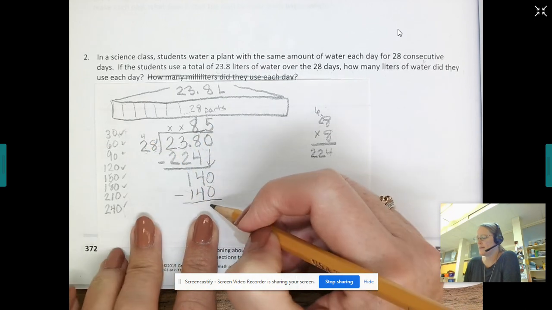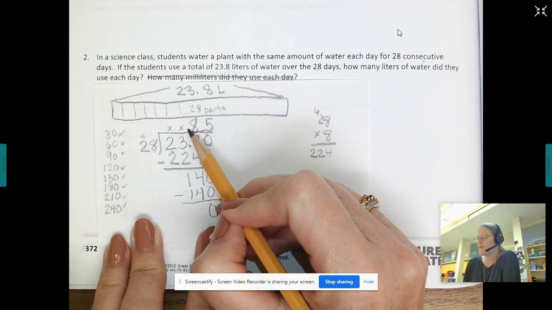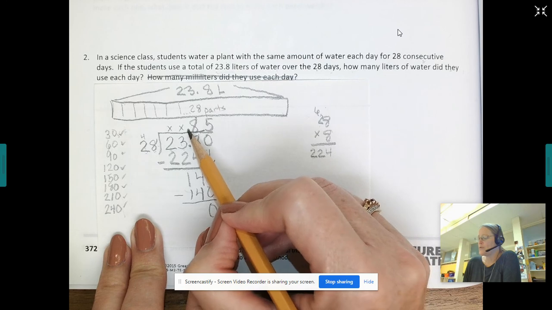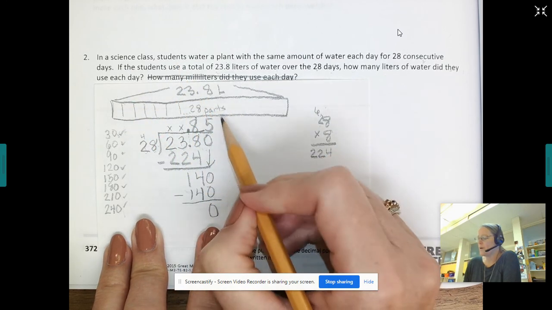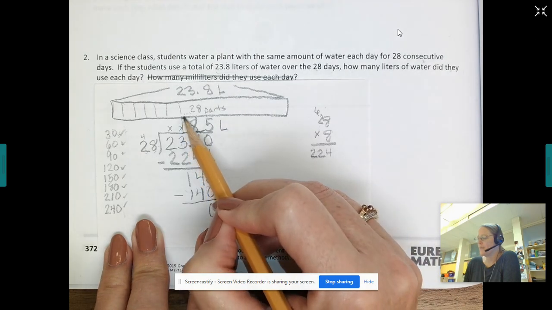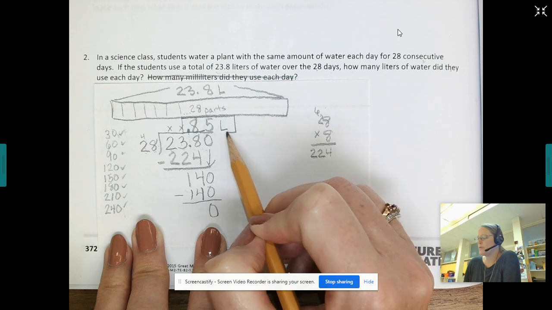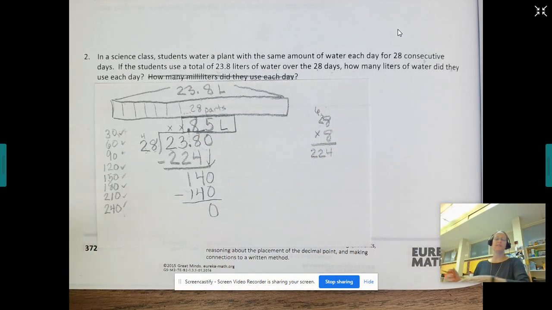Let's subtract. And remember that our decimal comes straight up. So this represents the amount of water, or the liters of water, that are going to be used to water that plant each day. 85 hundredths of a liter.